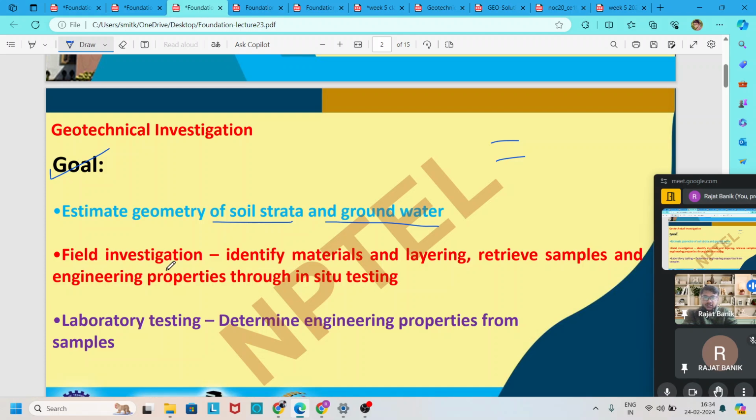Also, the field investigation identifies the material or layering and retrieves the samples and engineering properties through in situ testing. By using some instruments like SPT and cone penetration test in the field, we can find out the different engineering properties of the soil and get the different parameters by this soil investigation method.